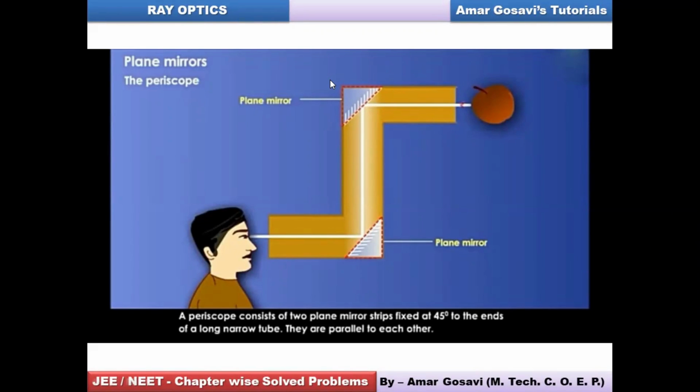But the way plane mirrors are used over here in case of the periscope, you can use the prisms also, where we will be using the concept of total internal reflection of light to bend the ray of light by 90 degrees. So please make a note of this, and once you're done with it, let me know so that we talk further.